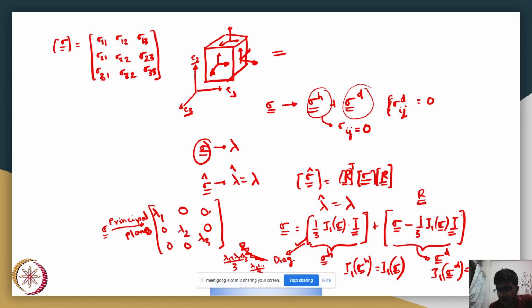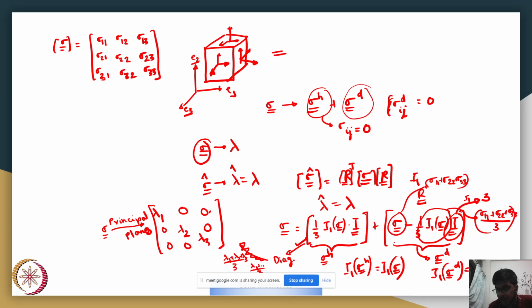But you forgot that the identity has a trace of 3. So you are correct, sigma has a trace of sigma 11 plus sigma 22 plus sigma 33, which is nothing but your I1 for this matrix. For the identity tensor, I1 turns out to be 3, whereas this portion is simply a scalar equal to sigma 11 plus sigma 22 plus sigma 33 by 3.